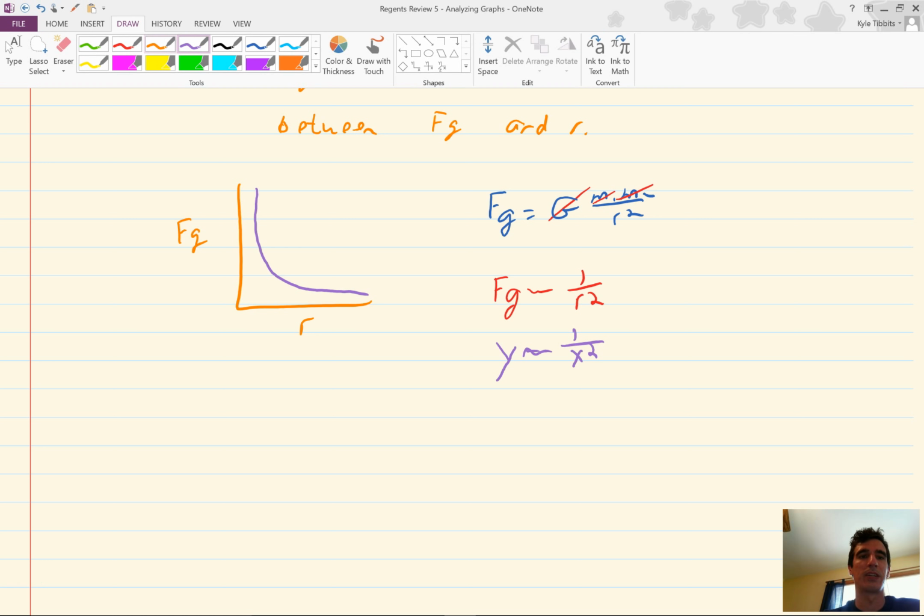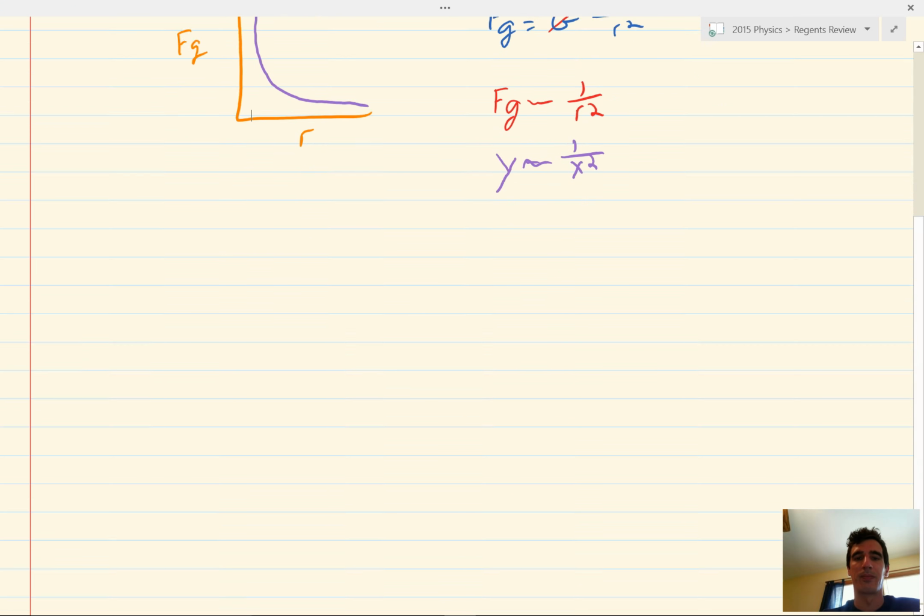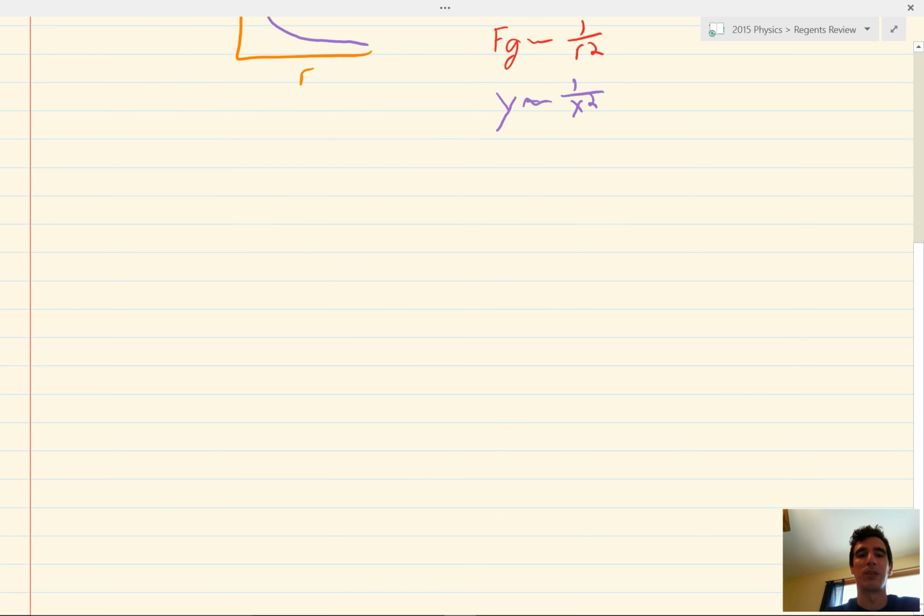Let's do another one. Let's look at kinetic energy and velocity. So we're looking at the relationship between kinetic energy and velocity. So again, we find out which formula has Ke and V in it. That's Ke equals 1/2 mv squared.